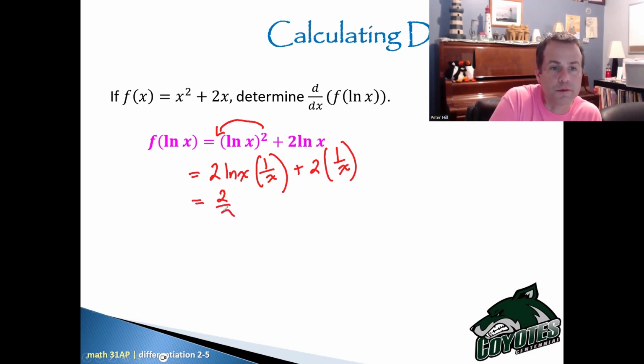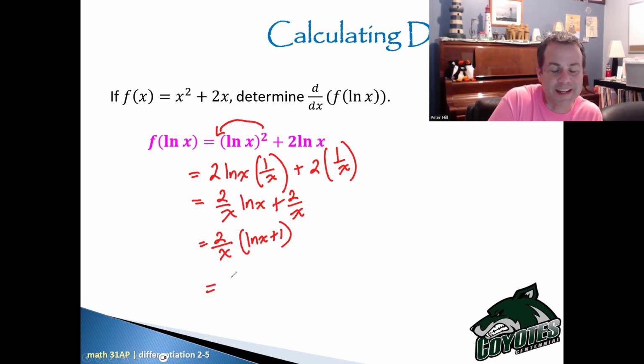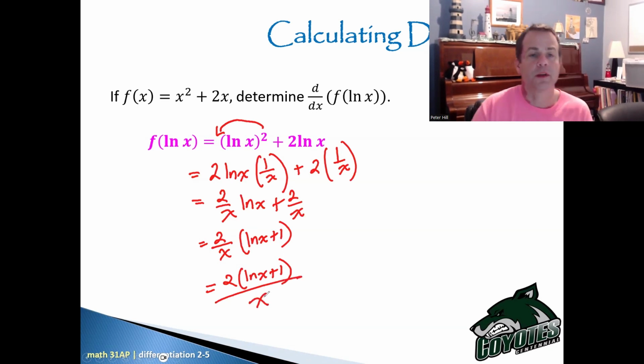That's going to give me 2 over x times ln x plus 2 over x. Then I'd factor out that 2 over x, so 2 over x times (ln x plus 1). And then might as well just write it as a cute little fraction altogether: 2 times (ln x plus 1) over x. I seem to be writing on a diagonal. Sorry about that.